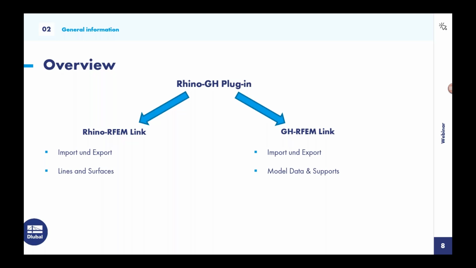We can export model data like sections, members, thicknesses, hinges, materials, and supports, as well as load cases, load combinations, and the loads. The result import allows us to start the calculation from Grasshopper and read the results from RFEM automatically back into Grasshopper, and then we can save them as an XML or a CSV file.